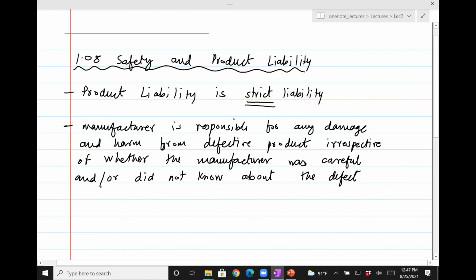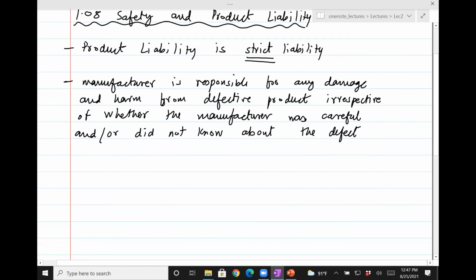Okay, so that's kind of what strict liability means. In this case, if there's a lawsuit, there are three defects which can come up.